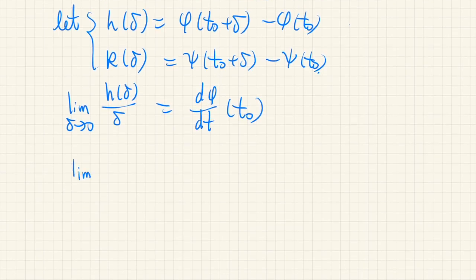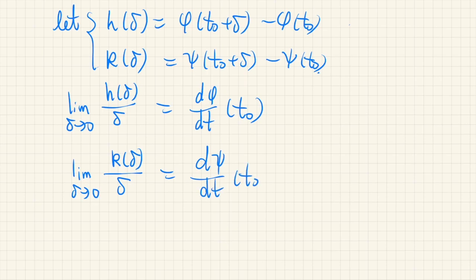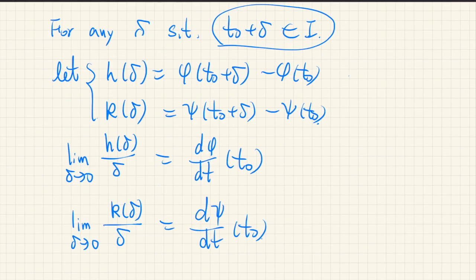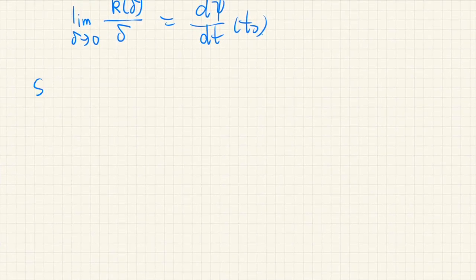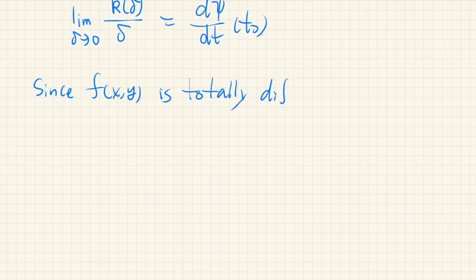Similarly, if we take the limit as delta goes to 0 of k of delta divided by delta, it is the derivative of the function psi, d psi dt of t0. This is just the definition of derivatives. Now, by assumption, f of x, y is totally differentiable.